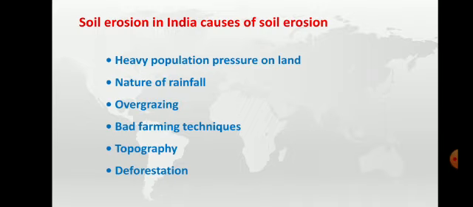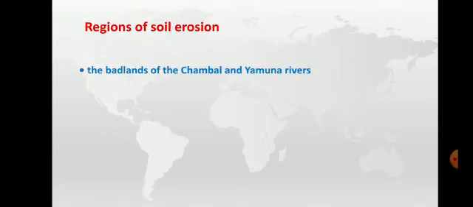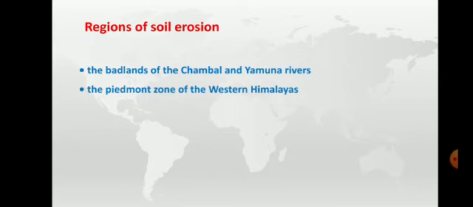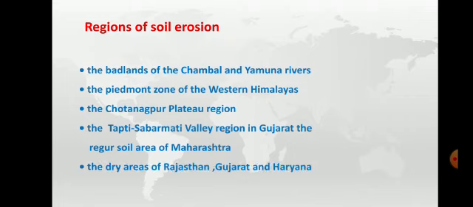So next we'll go to regions of soil erosion. So here regions: the bad lands of Chambal and Yamuna rivers, the Piedmont zone of western Himalayas, the Chota Nagpur Plateau region, the Tapi Sabarmati Valley region of Gujarat, the regular soil area of Maharashtra, the dry areas of Rajasthan, Gujarat, and Haryana.